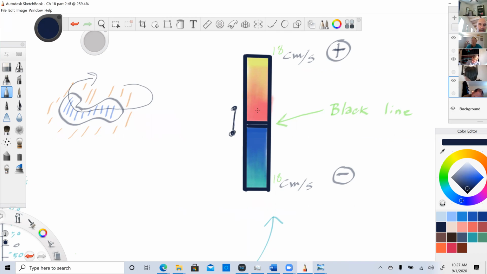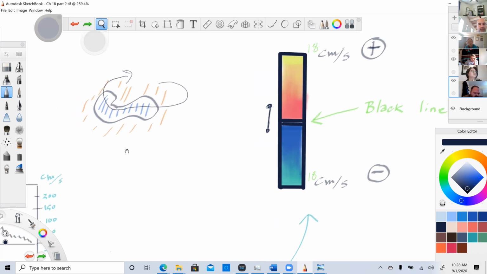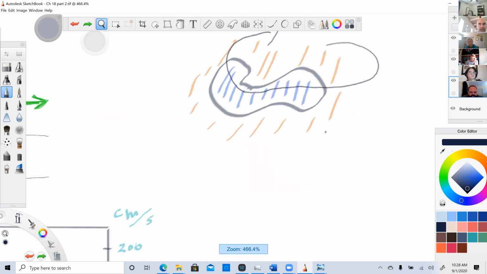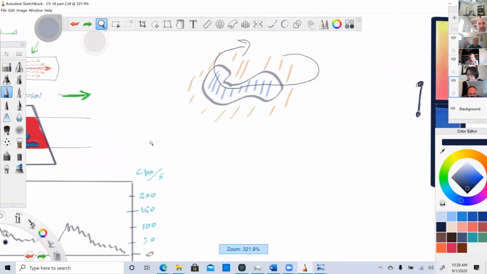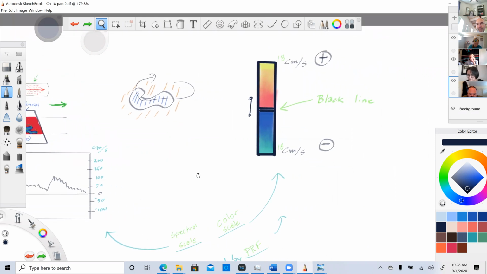So it went from dark red to black line to dark blue. When we see that pattern, dark red, black line, dark blue, we know that we're not dealing with aliasing, we're dealing with the reversal of flow. It's really important to note because people have gotten confused and called things aliasing that are not.